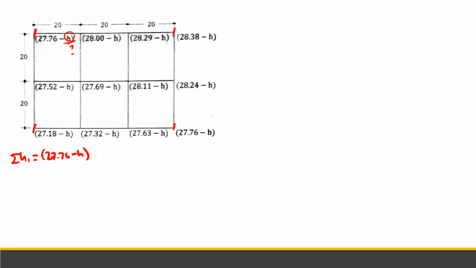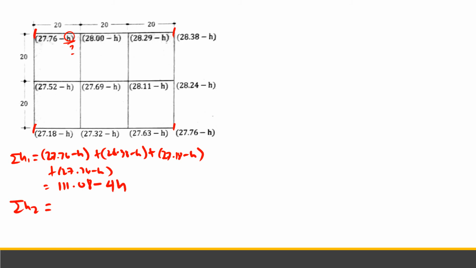So 27.76 minus h plus 28.38 minus h plus 27.18 minus h, and then plus 27.76 minus h, or h1 is equals to 111.08 minus 4h. So sa h2 naman, h2 is these points here.